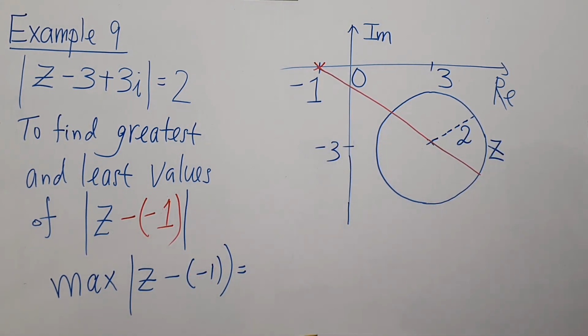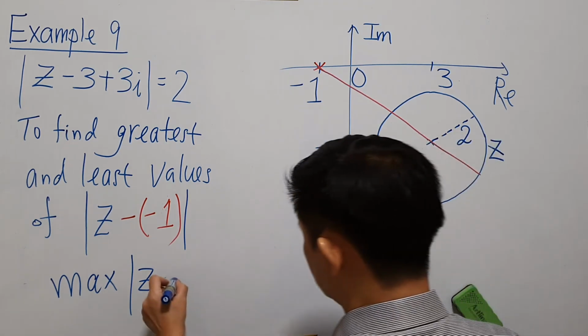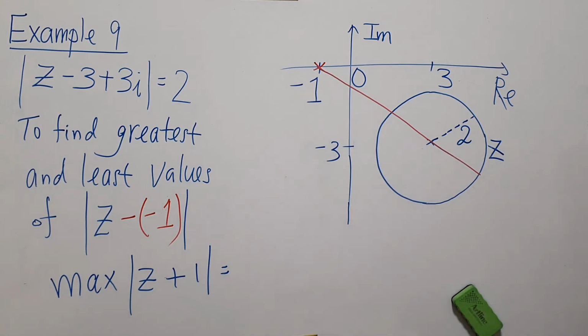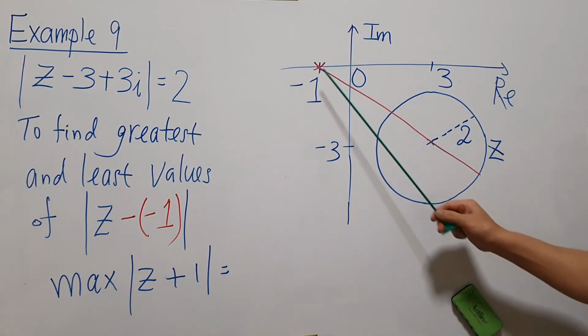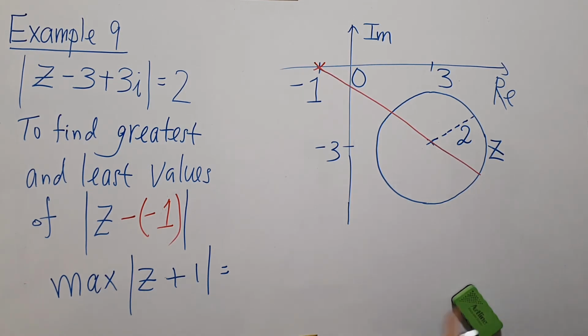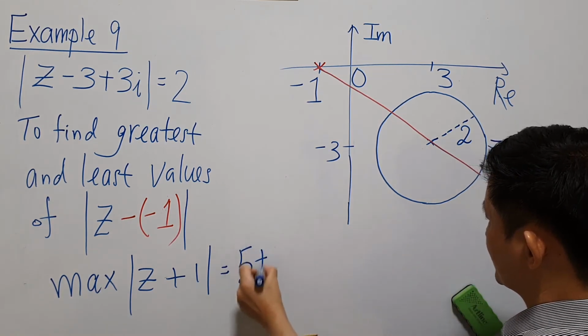So therefore, to find the maximum distance, oops, I wrote wrongly. So the maximum distance is given by the distance from -1 to the center of the circle, then plus 2, right? So this would be the distance of 5 plus 2.